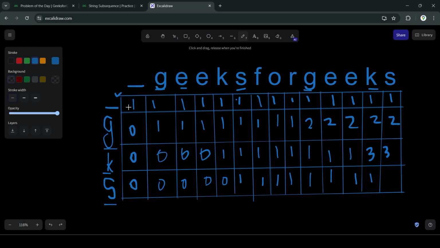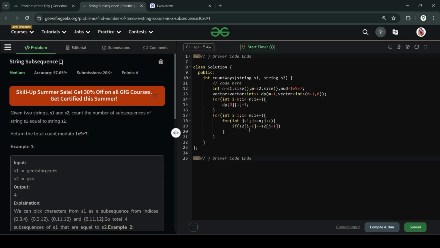Basically, you can see that I have added one row and one column, so they are shifted by one. So I have to reduce by 1. That is why I have done it here. And dp of i, j will be equal to dp of i minus 1, j minus 1 plus the previous value, that is dp of i, j minus 1.